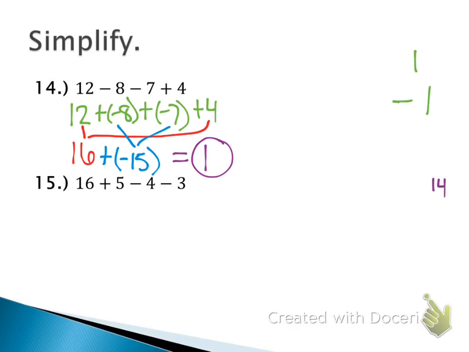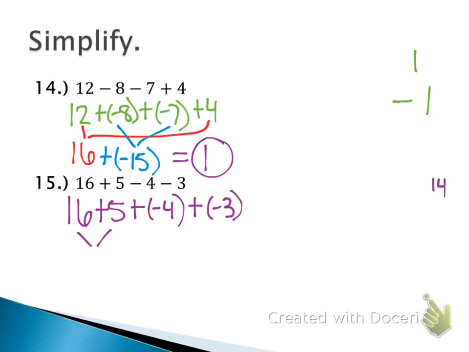All right, then let's see if 14 is the right answer. You know me, I like to write it all as addition, so that's what I am going to do. That makes it really easy for me to combine because the ones that have the same sign are next to each other.